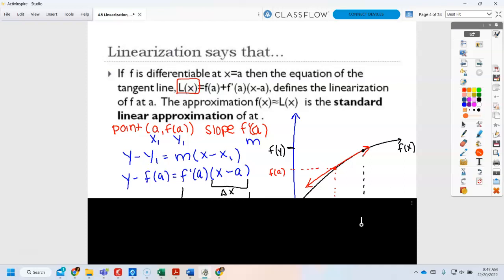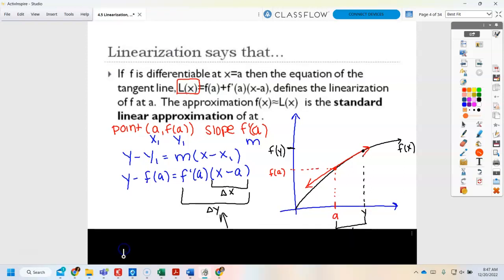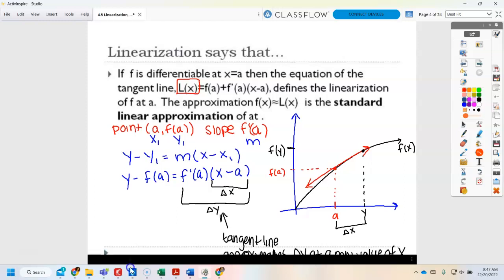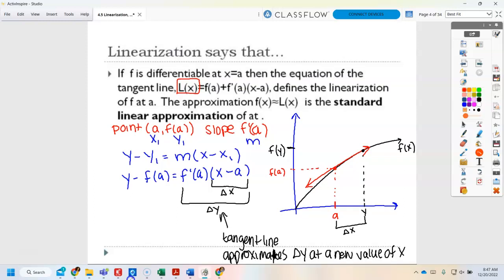F prime a times (x minus a) represents delta y. So then what we have is a tangent line that approximates delta y at any value of x.